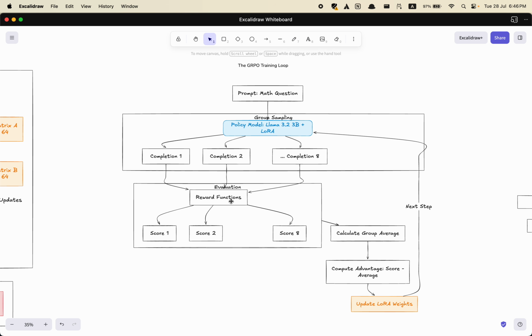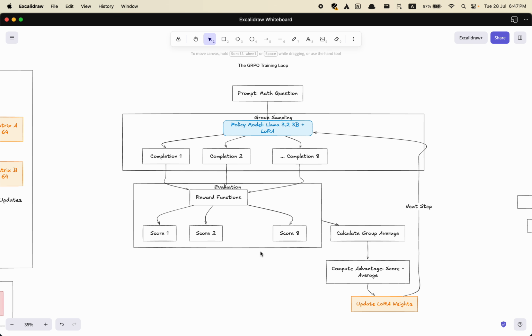Our model generates a group of 8 different completions, and these completions are passed to our automated reward function, where they're evaluated and graded, and we get 8 different scores at the end.